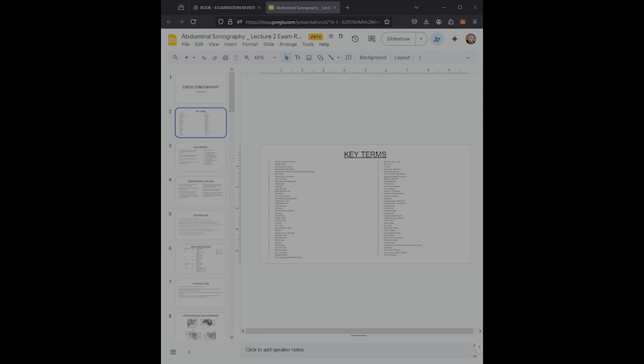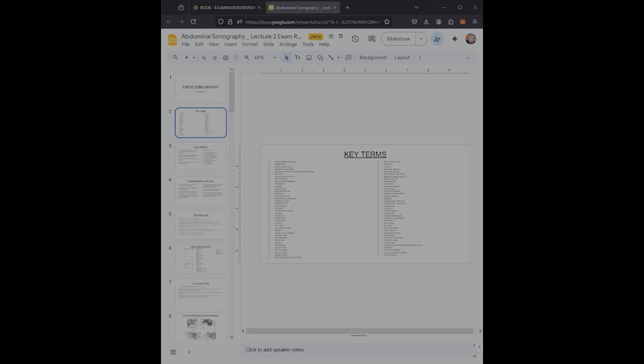Recanalization is the reopening of canals or pathways. Riedel lobe is a tongue-like extension of the right hepatic lobe. Sequelae, this is an illness resulting from another illness, trauma or injury, or we can say resulting from the progression of disease. Serpiginous, this is twisted or snake-like.